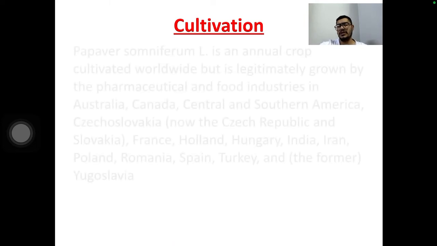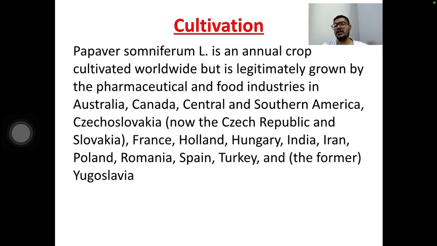So let's talk about cultivation. Papaver somniferum is an annual crop cultivated worldwide but legitimately grown by the pharmaceutical and food industries in Australia, Canada, Central Europe, India, Iran, Poland, Romania, Spain, Turkey, and Yugoslavia.